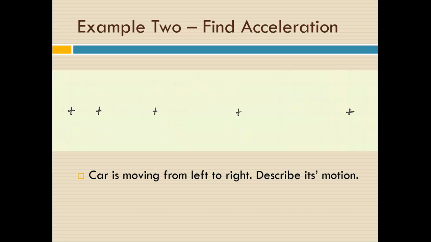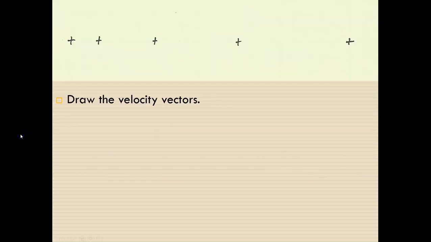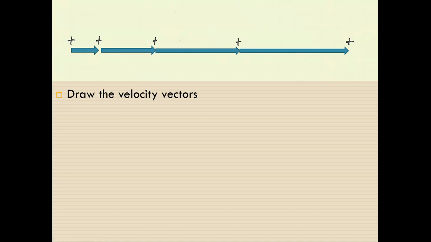So if we take the change in position divided by time, we get velocity. So if we could find the change in velocity and divide it by the time, then we would get the acceleration. So how do I find the change in velocity? Well, first of all, I got to make the velocity arrows. Fortunately, the velocity arrows are just going to be the same thing as the displacement arrows. So there's the velocity arrows, okay?